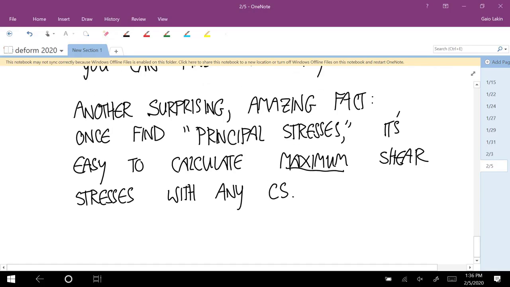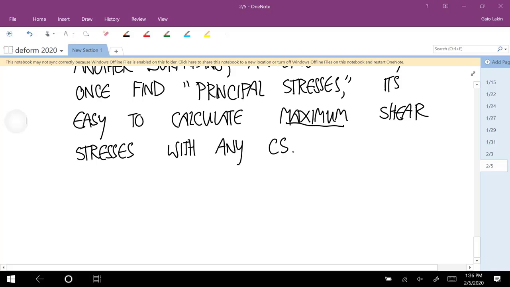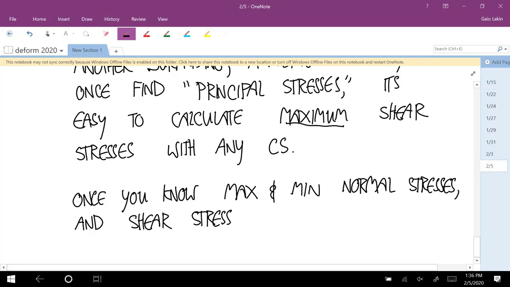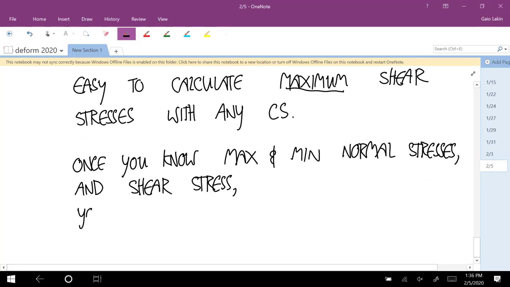And so once you know the maximum and minimum normal stresses, and the maximum shear stress, you can determine the likelihood of failure, of this thing reaching whatever failure criterion you're concerned about.